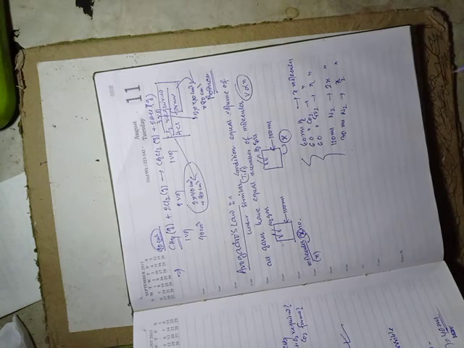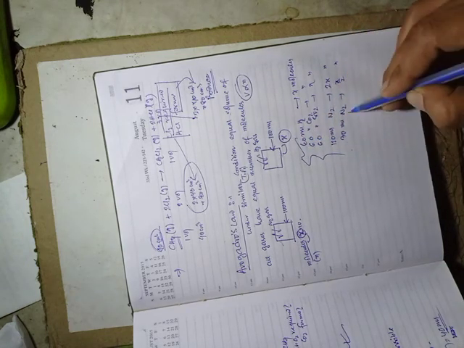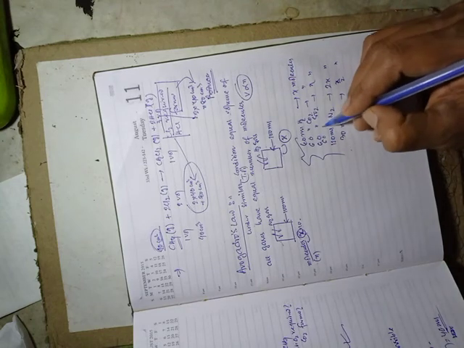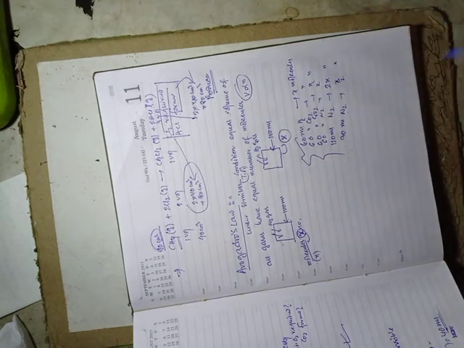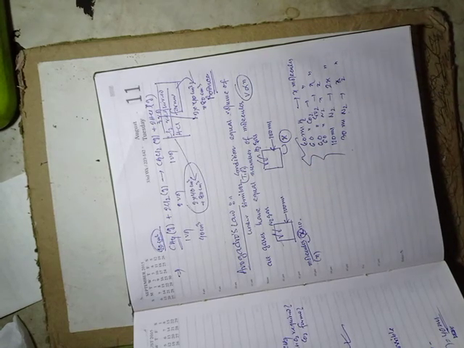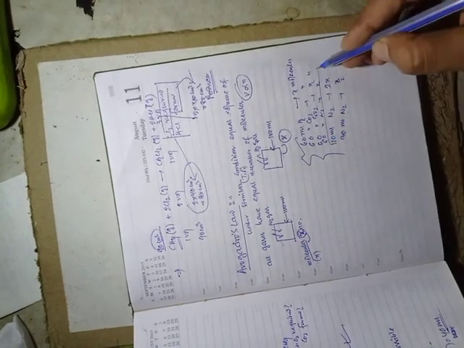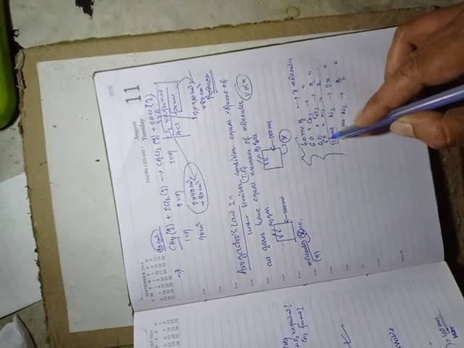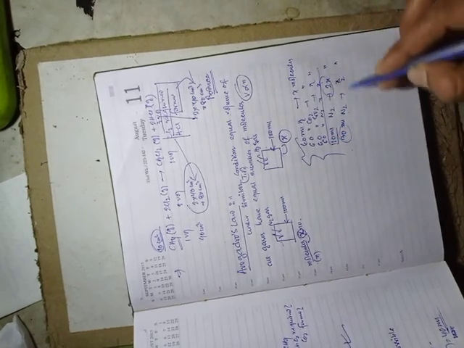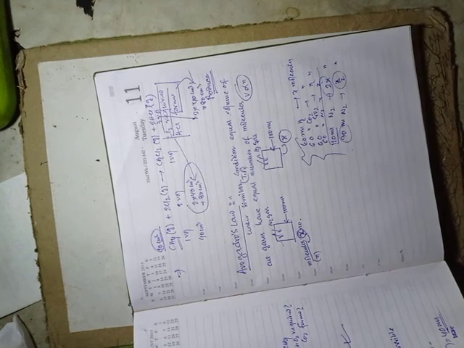Under similar conditions of temperature, pressure and all other conditions, equal volumes of all gases have an equal number of molecules. So if 60 ml contains x, 120 ml will contain 2x, and 30 ml will contain x by 2 molecules. That is the simple ratio.